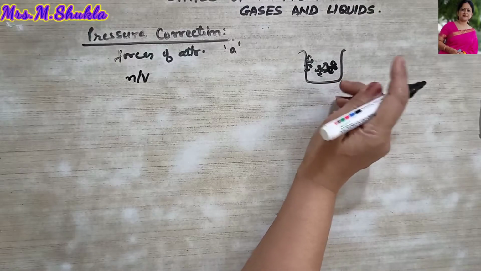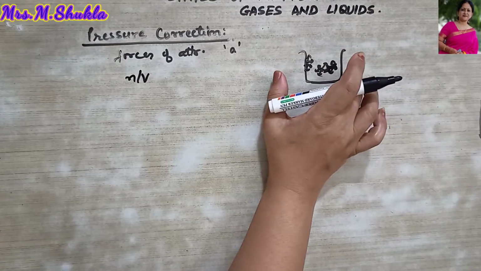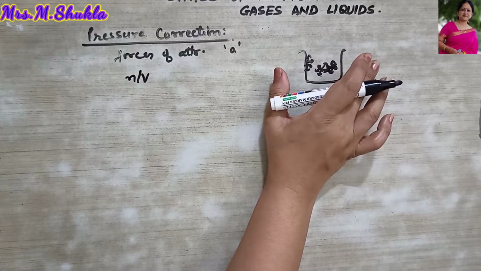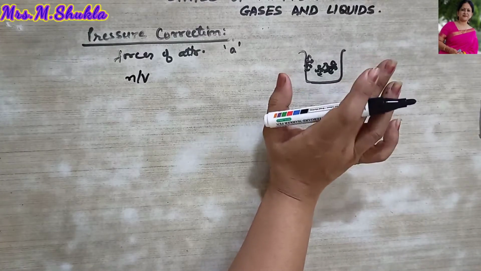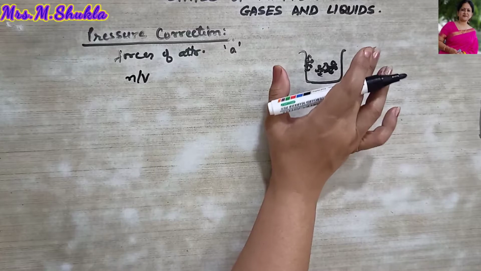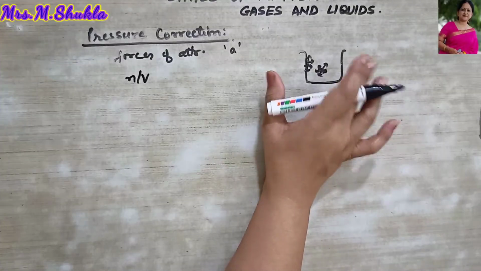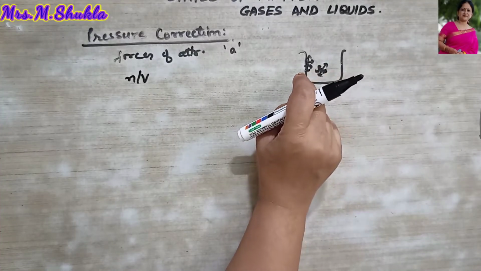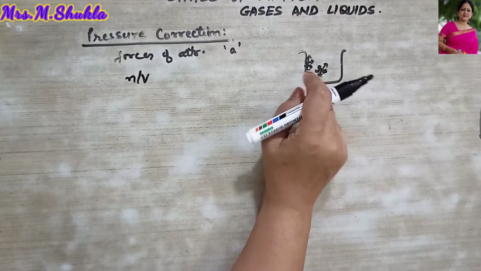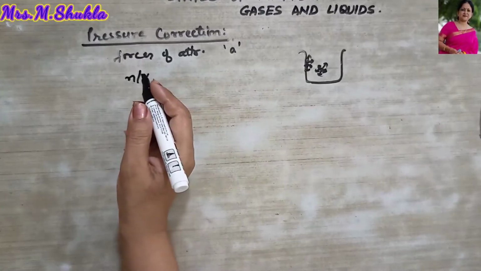That is why I said the force of attraction will get cancelled. Therefore, what happens over here? The attractive forces get reduced. The attractive force responsible for reducing the pressure is proportional to the square of the number density.